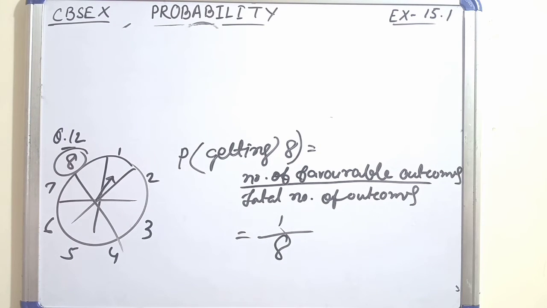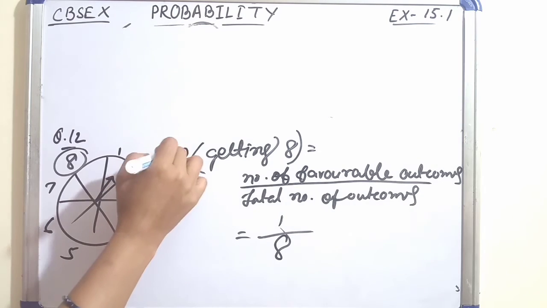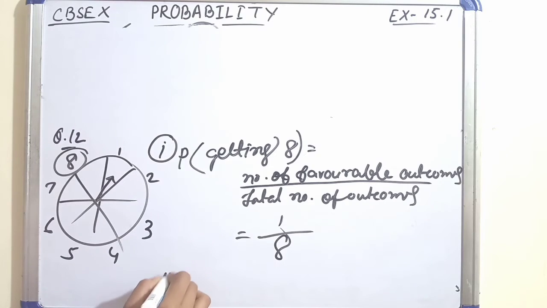Next, an odd number. So probability of getting an odd number.